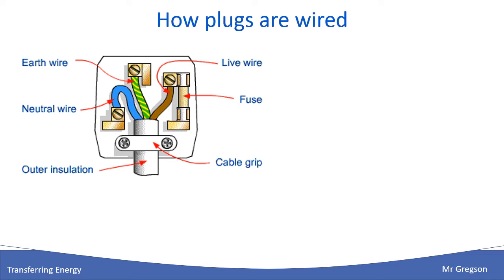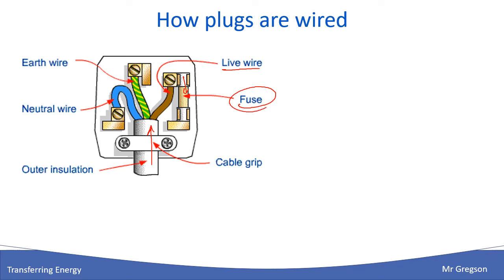Okay, so like I said earlier, if you want to watch it actually being wired in the video, Mr. Hurst's video, I haven't got a link up here, but essentially you can make out that the brown wire, our live wire, comes out of the plug, goes through, now this is quite important, a fuse. Now we've talked about fuses already, and size of fuses, this is where the fuse is.